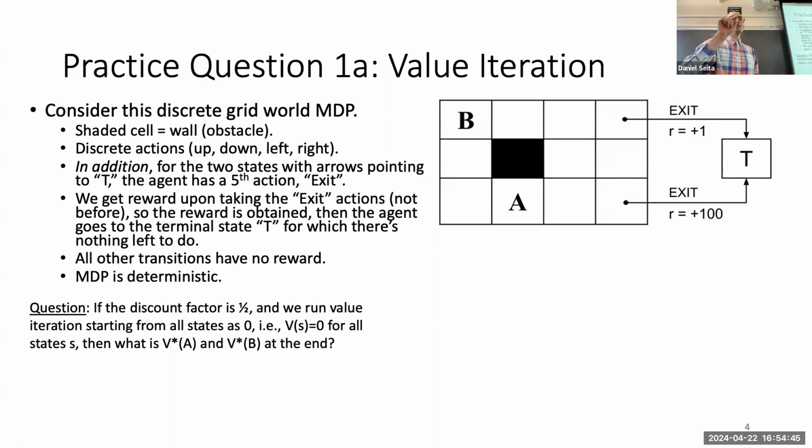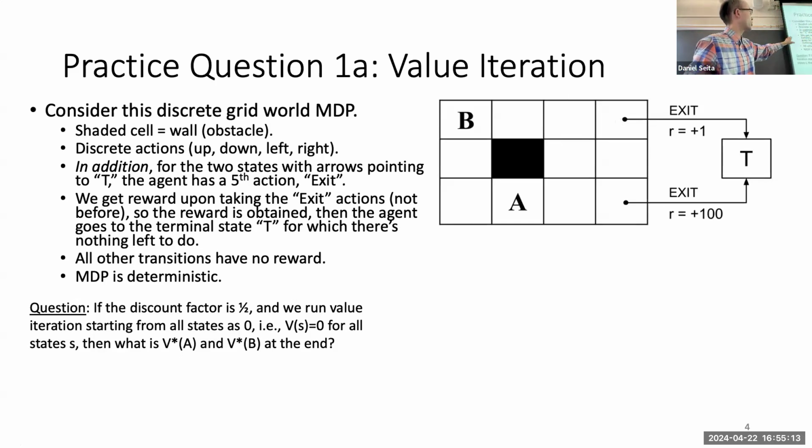Now it's very important to know whether you're getting a reward when you enter or leave something. So to make it very clear, we get the reward upon taking the exit action. So that means if the agent is in this cell, then it can go right, but it gets no reward.